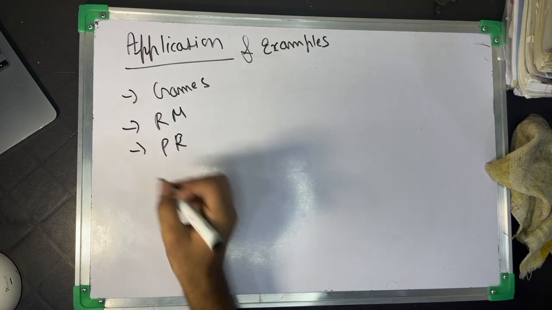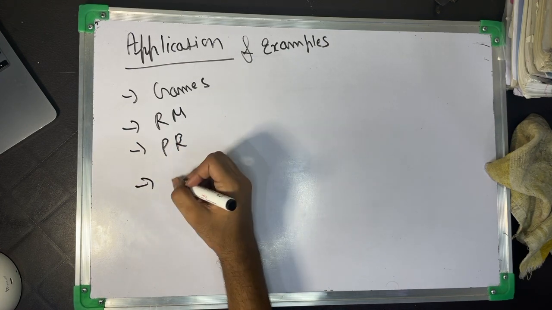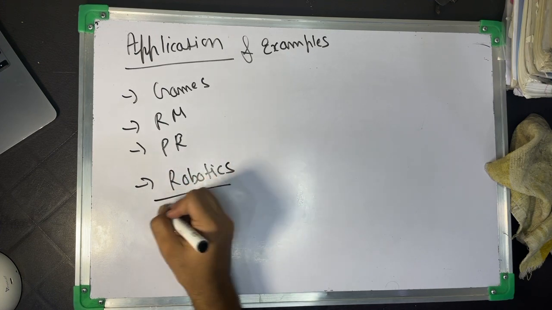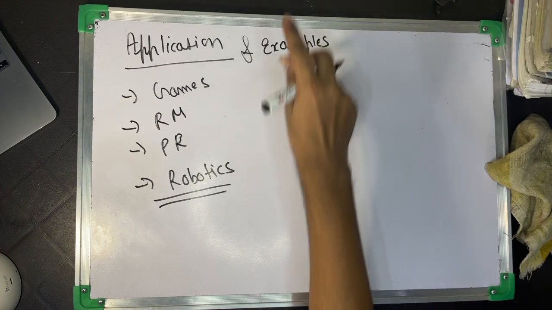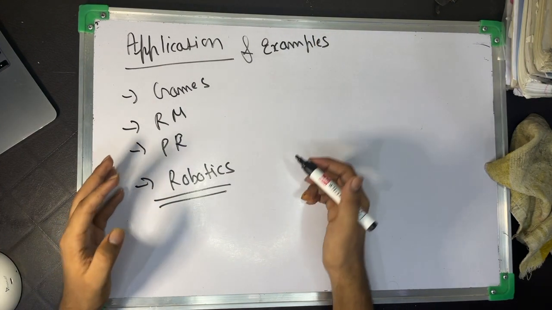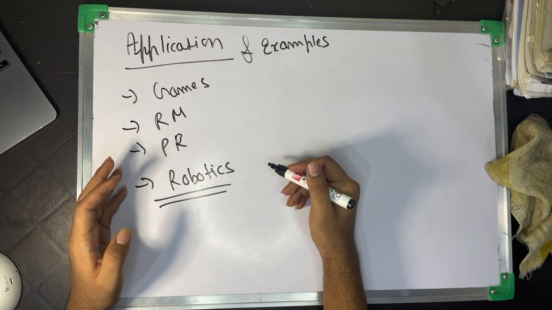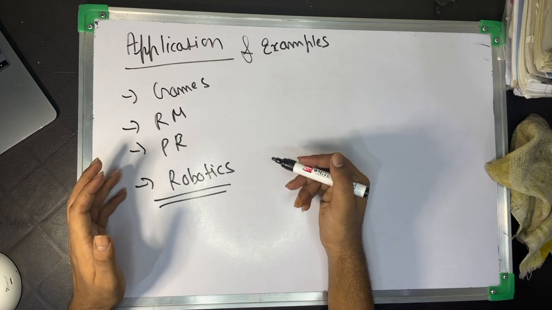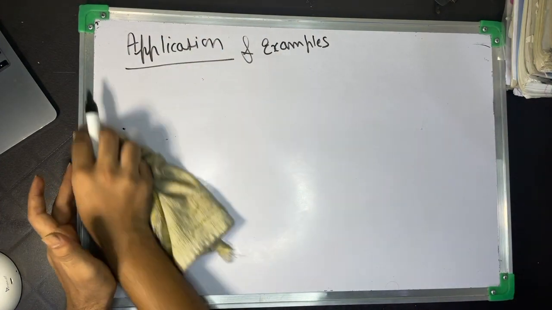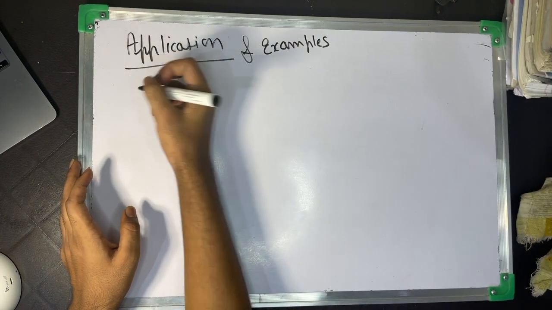We also use reinforcement learning in the field of robotics. Let's see step by step how reinforcement learning is used in games and what an example of that looks like. So let's first see about games.